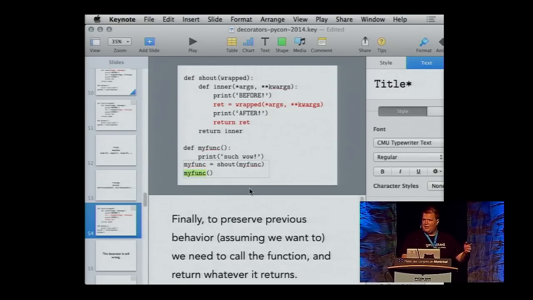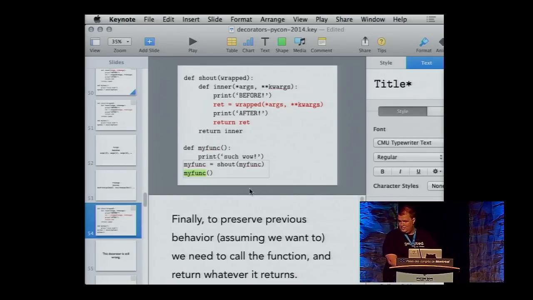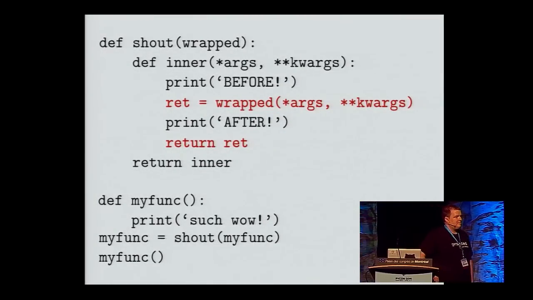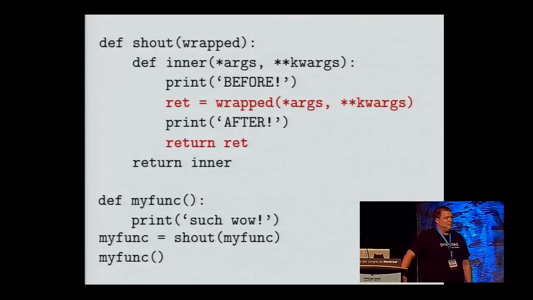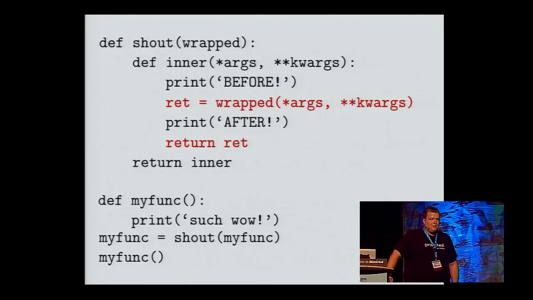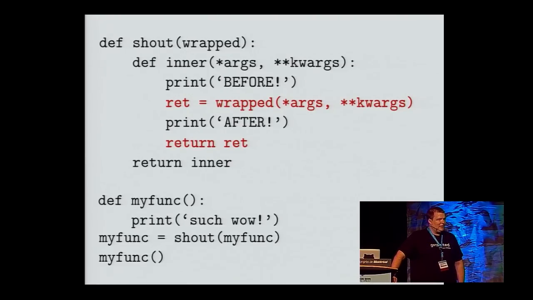Yep. Go for it. Hi, thanks for the talk. Can you say anything about how these decorators relate to aspect-oriented programming? Sorry, what kind of programming? Aspect-oriented programming. I guess I'm not really familiar with that term.